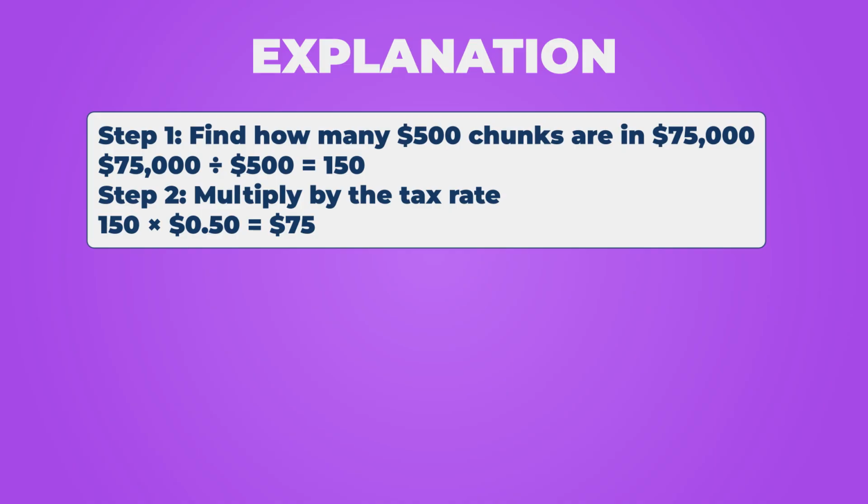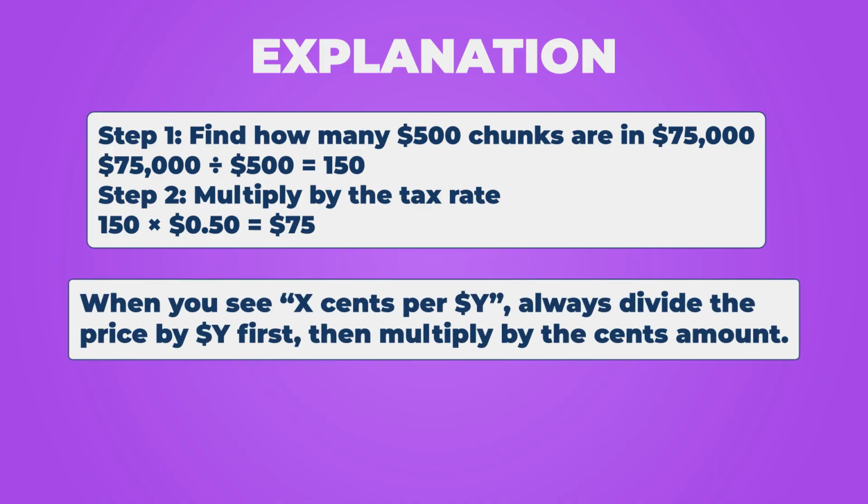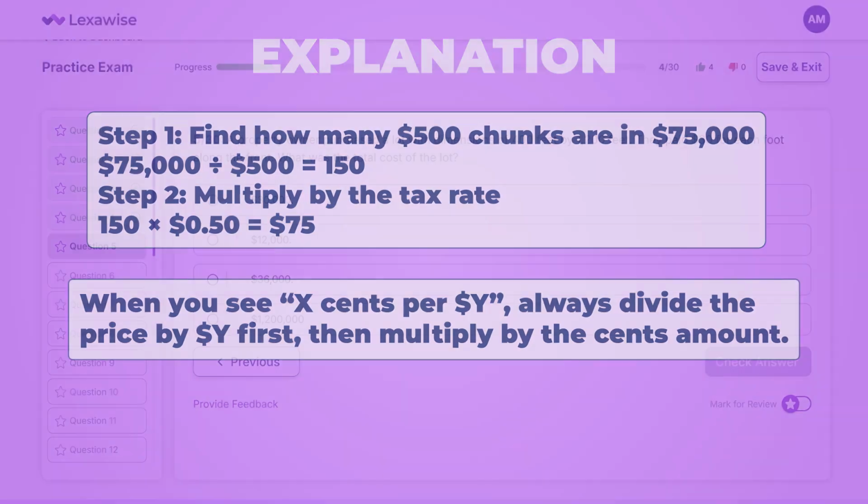Step 2. Multiply by the tax rate. 150 times 50 cents equals $75. The grantor would need to pay $75 for the transfer taxes on the $75,000 sale. Remember, when you see X cents per Y dollars, always divide the price by Y dollars first, then multiply by the cents amount. Let's move on to the next one.